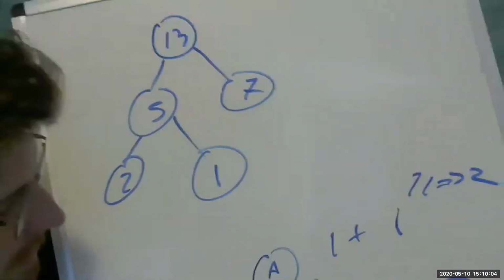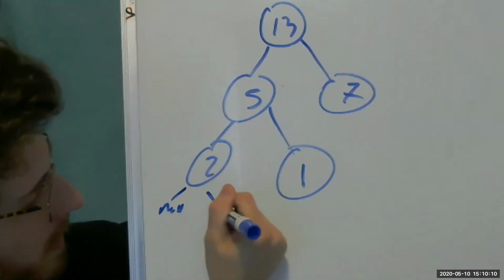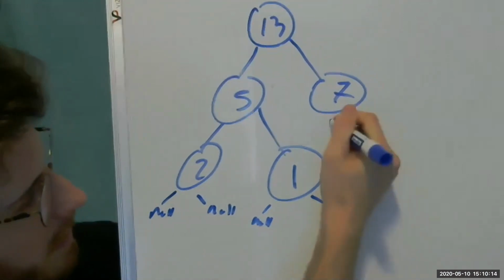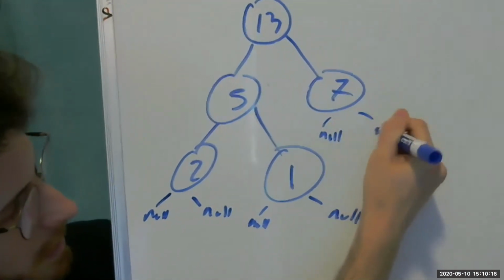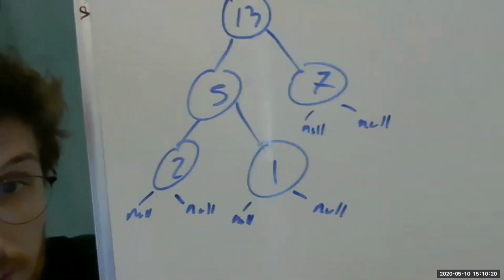Let's look at our tree that we've been playing with. I'm going to put null here, null here, null here, null here, null here, and null here. So these all point to null. And we agree that if I pass in this tree or a null tree, we're going to get back 0, right?